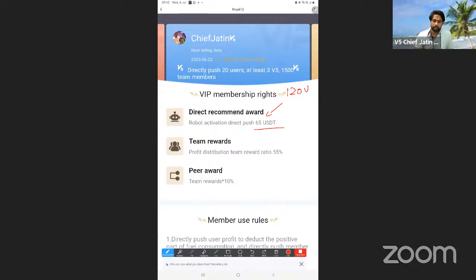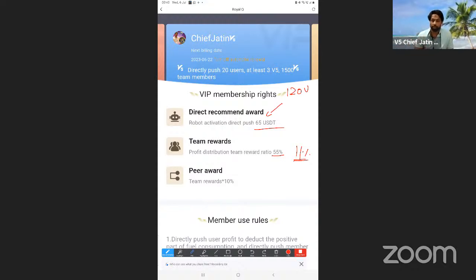I'll be getting this instantly on every subscription, and again, 55% of the fuel charge. That means 11% of the profit. I hope now you guys can calculate how I'm calculating this 11%. Whatever profit Royal Q generates on leader Clara's account, I'll be getting 11%.